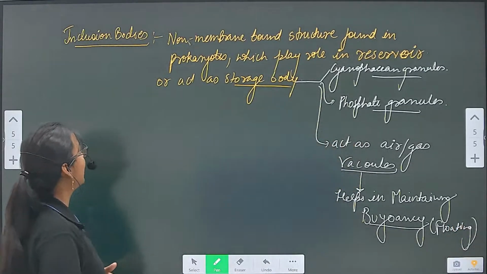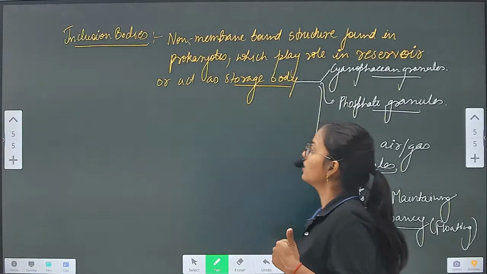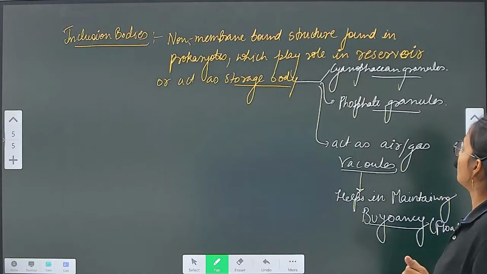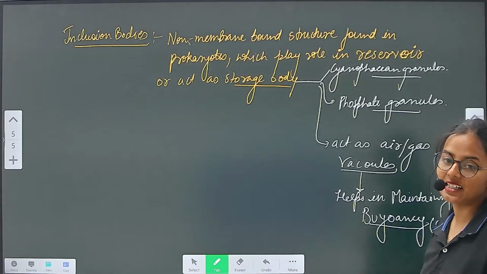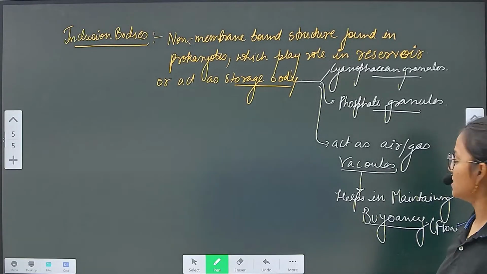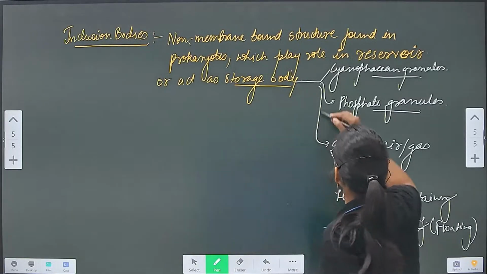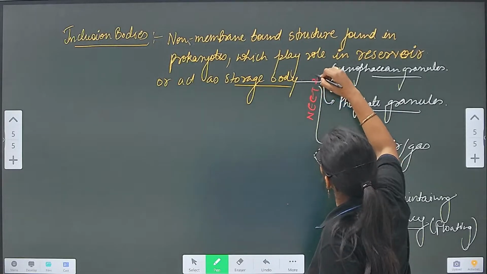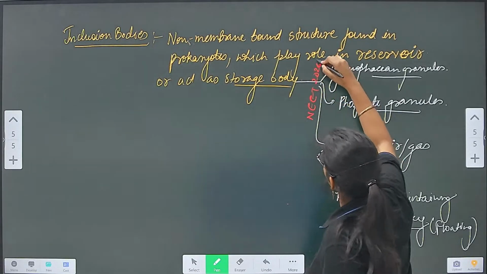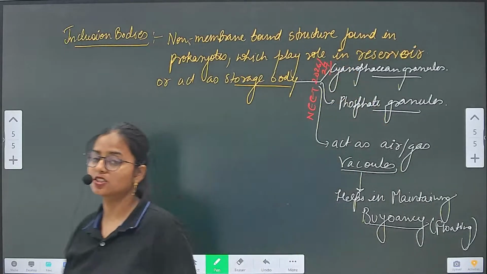Is that clear? So inclusion bodies are also found in the prokaryotes, which play a role as reservoir or storage body, can store cyanophycean granules, phosphate granules, and can help in maintaining buoyancy. Note it down, this is very important, asked so many times.